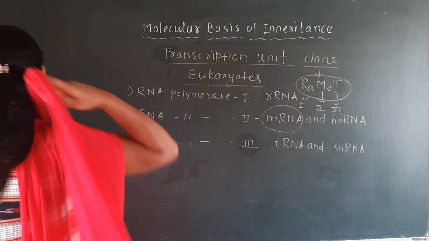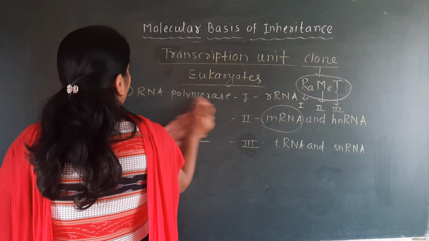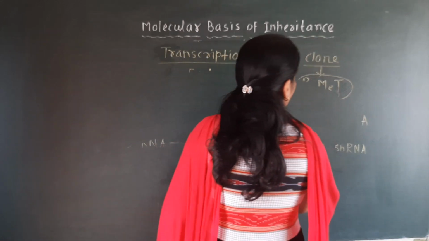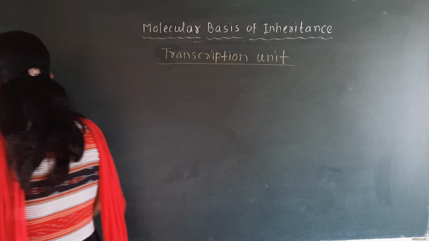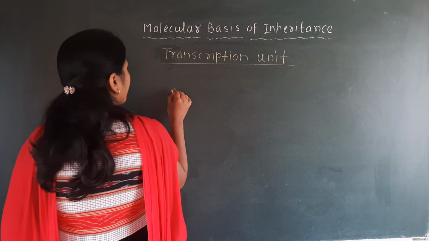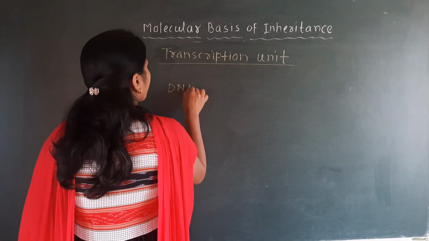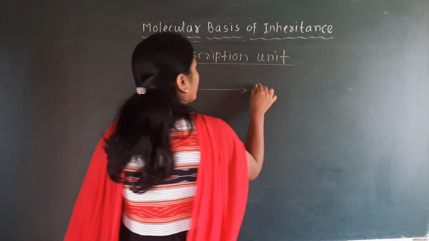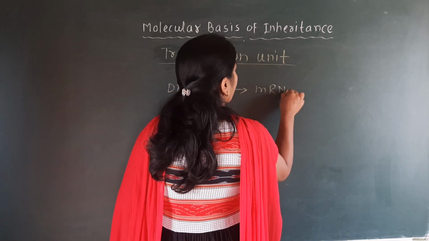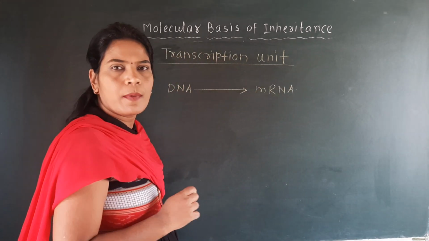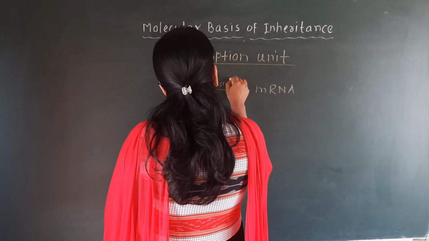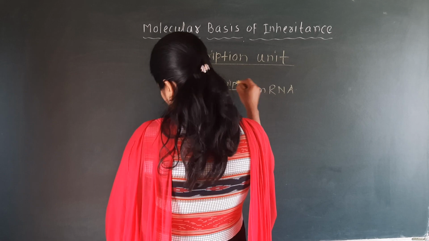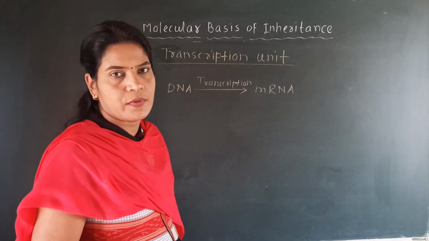Now I will write it differently so you can understand it easily. See here, this DNA strand forms mRNA. In the central dogma we have seen this process is called transcription.